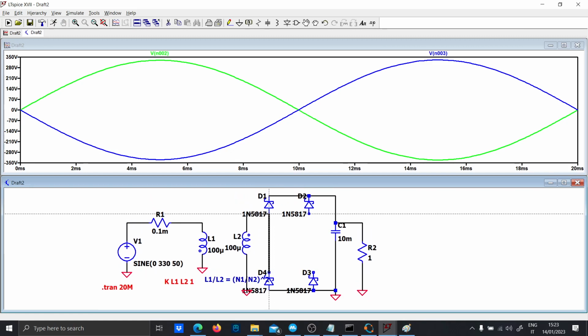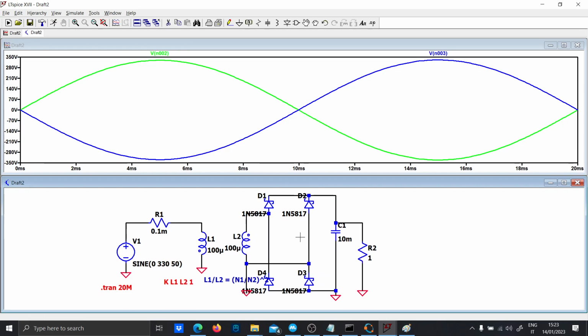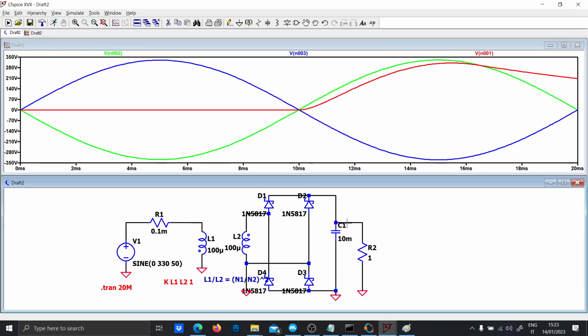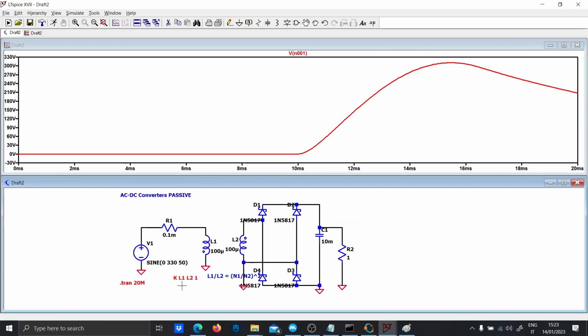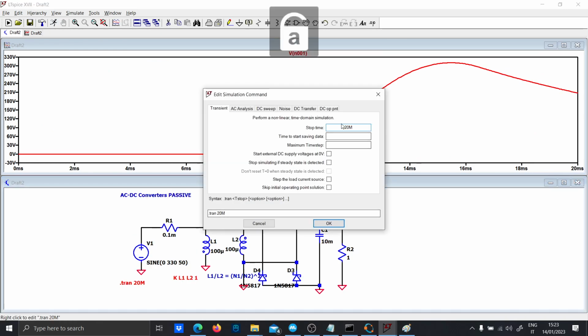And connect them like this. And yeah, it should be fine. We should increase the transient a bit.